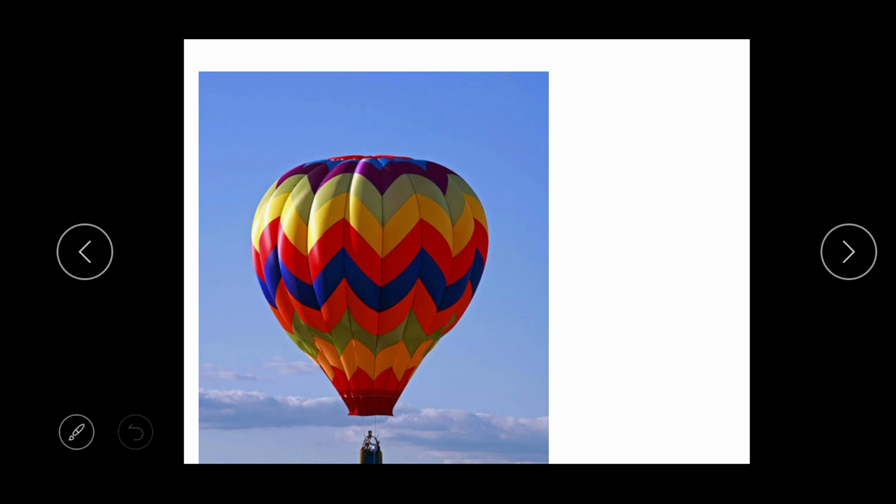Can you see this? It is in the sky. So this is a hot air balloon. It is a vehicle that can function in the sky. So you can use your hot air balloon to transport your goods or yourself, okay, by air.